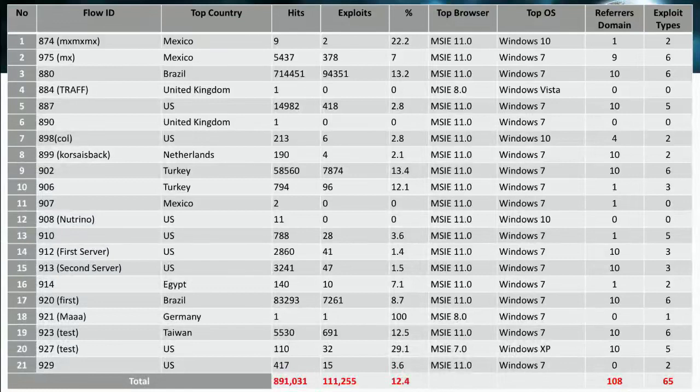And out of these IP addresses, more than 100,000 are malware infected. So the exploit rate is 12.4%, and they use many referral domains, 108 unique referral domains. And these are the totals of the exploits.